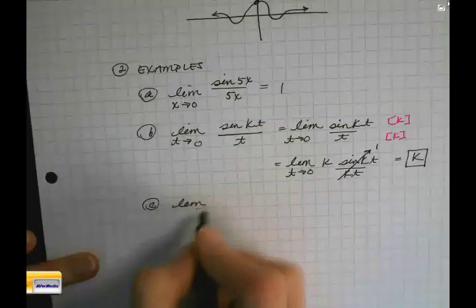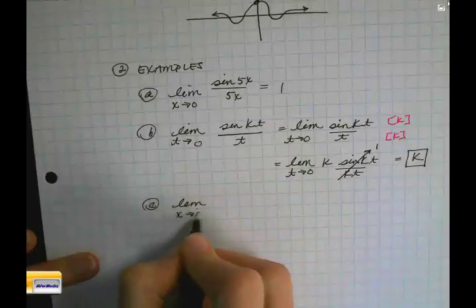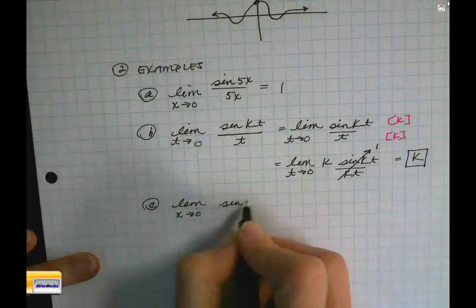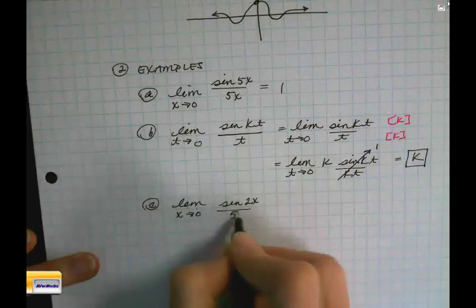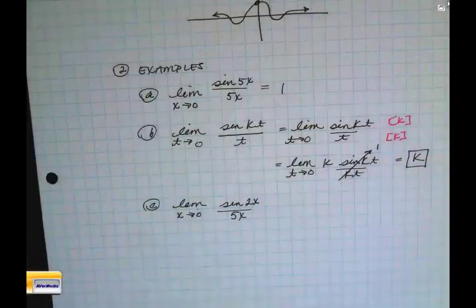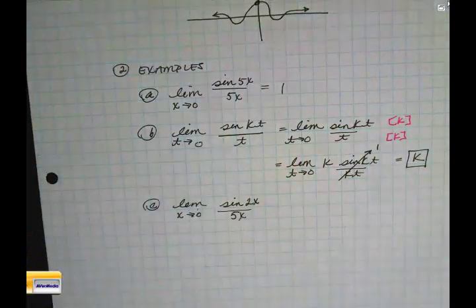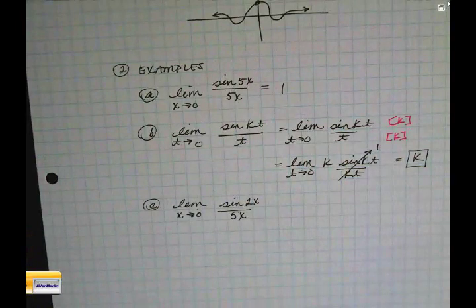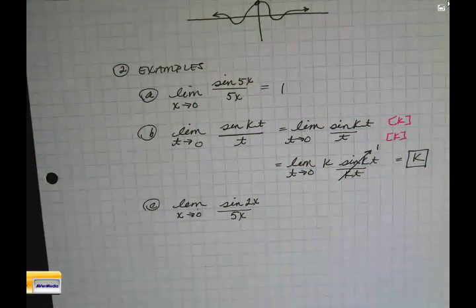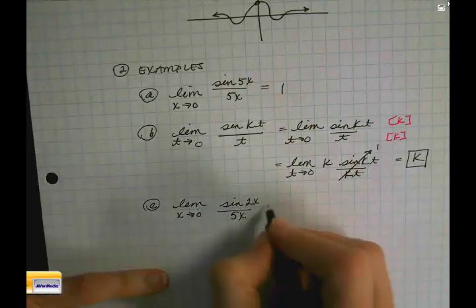All right, now it gets a little more difficult. Suppose it asks the limit as x is approaching 0 of sine of 2x over 5x. Now this really doesn't fit the pattern. I want a sine of 2x over 2x. I want the denominator to say 2x. So I've got to figure out how to make the denominator say 2x.